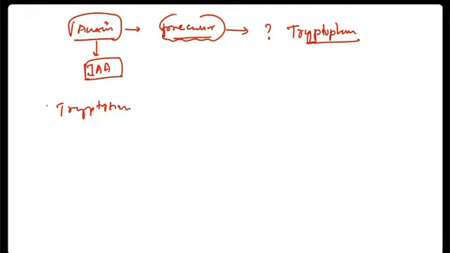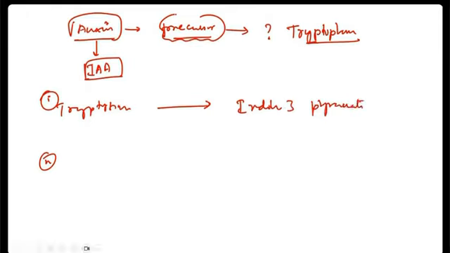This synthesis is a two-step process where tryptophan is converted into indole-3-pyruvate. In the second step, this indole-3-pyruvate is converted into IAA.